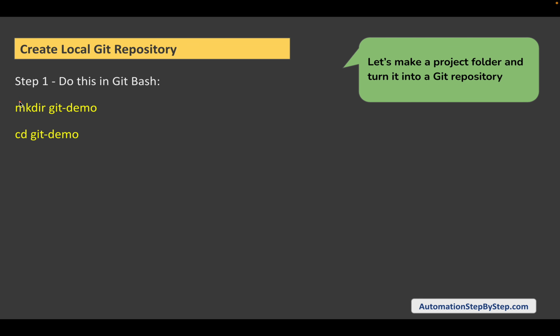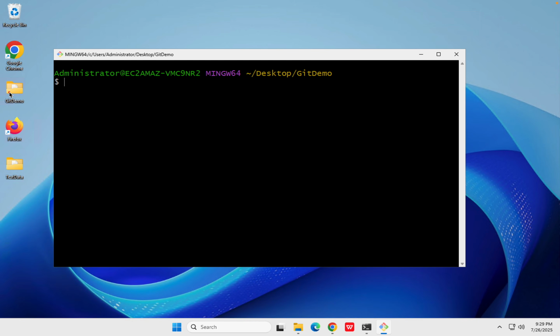So you can say mkdir, that means make directory or make a folder, and you can give the folder name, and then cd means change directory to that folder. Okay, so this will be same as what we have done now. We have created a folder separately physically and then opened Git Bash there. So I am here on my project folder on Git Bash.